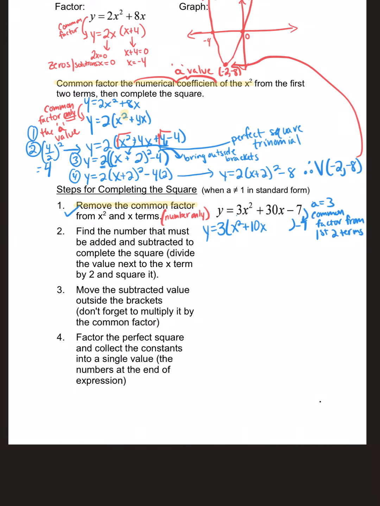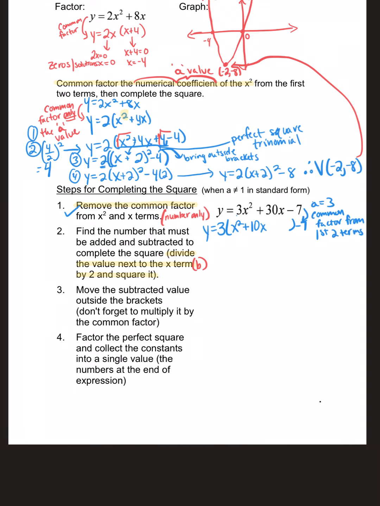Step 2 says find the number that must be added and subtracted to complete the square. It says divide the value next to the x term by 2 and square it. That's our b term. We'll write b there.